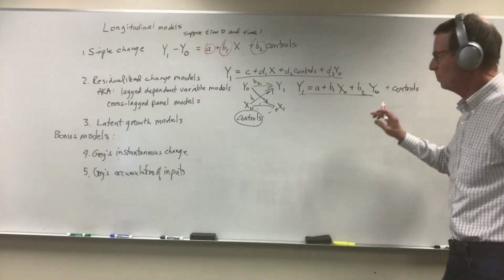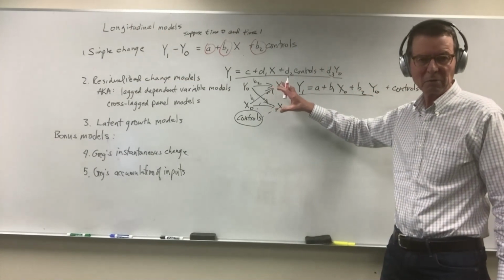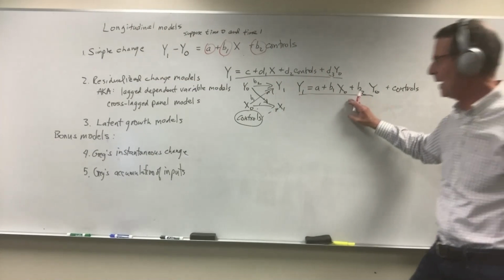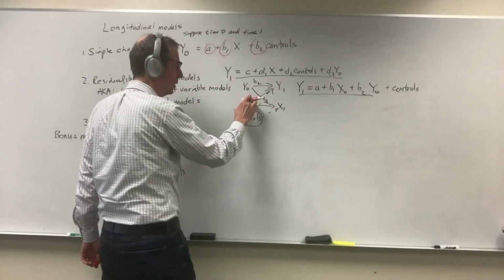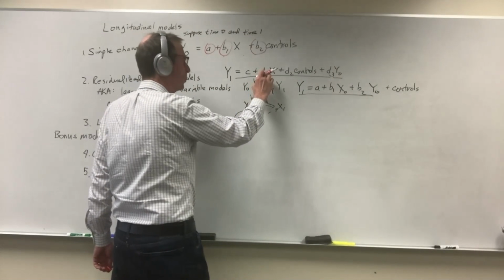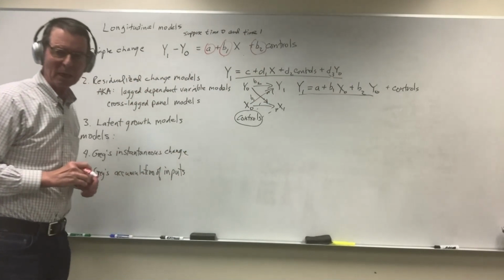So I'm just trying to draw the parallel. If you do leave it out, and all cross-lag panel models do leave it out, you have paths running from X0 to Y1 is B1, which is directly comparable to this residualized change model we just talked about.